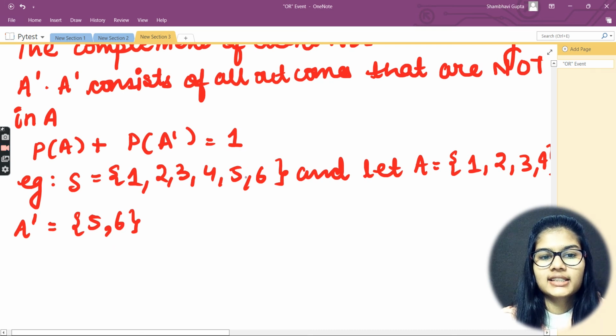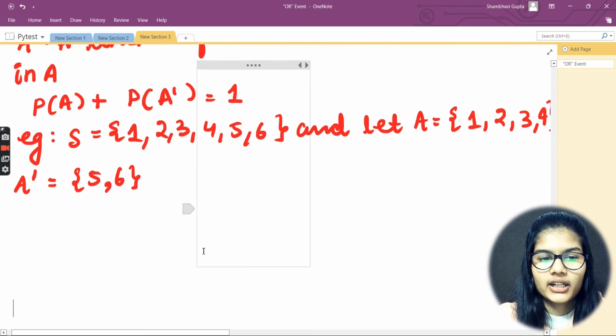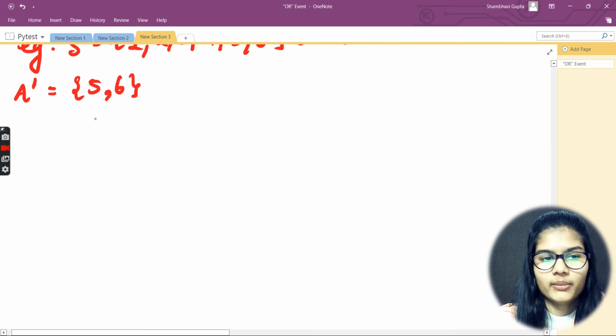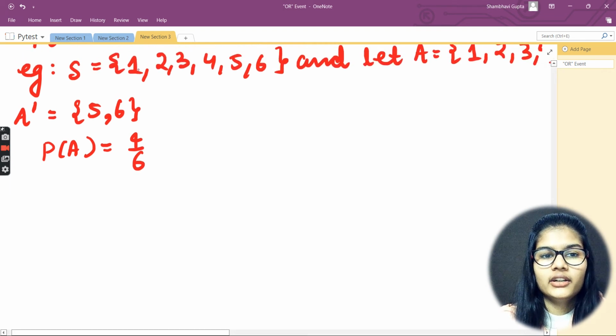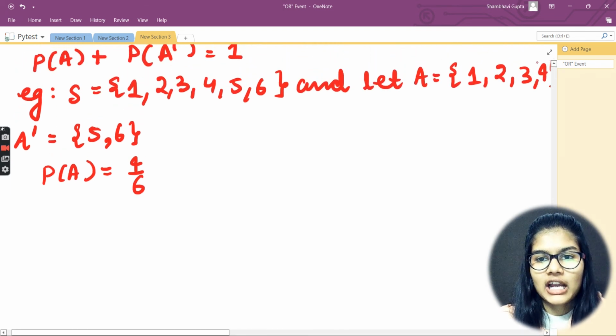Because 5 comma 6 is the set which is not occurring in A. So this 5 comma 6 will be my A prime, my complement of A. And now if I have to find the probability of A, it will be 4 by 6, right? Because in the total sample space you have 6 numbers, and for A you have 4, so it's 4 by 6.